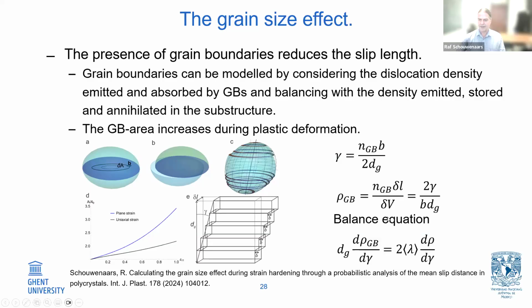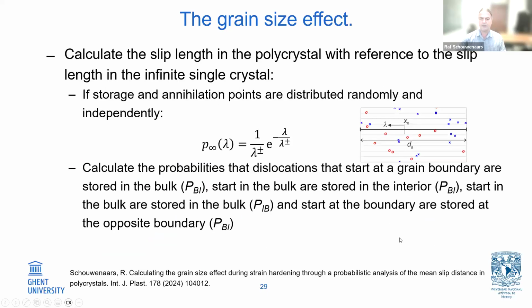And then we can write or find a balance equation which connects the increment of grain boundary dislocations with strain to the increment of volume dislocations, bulk dislocations, to strain, which involves the average slip length. So then we repeat what we saw in the annihilation term, just that now we've got a grain boundary here, and so the dislocation starting at x0 can slip to the left, but it cannot pass the grain boundary.